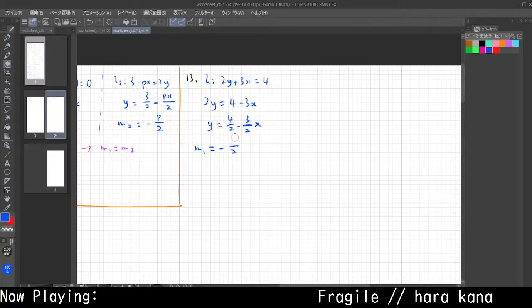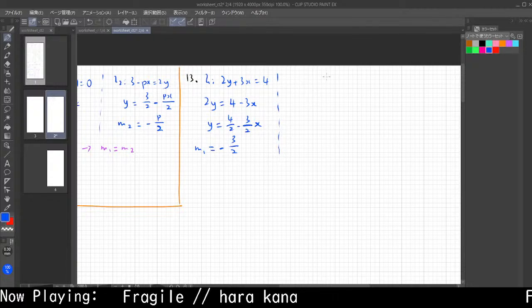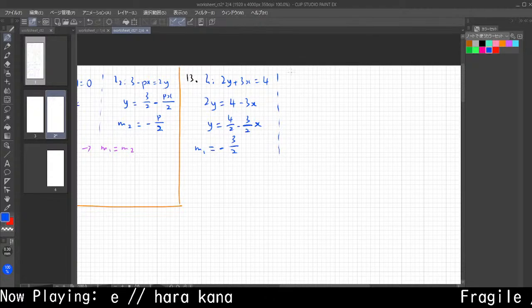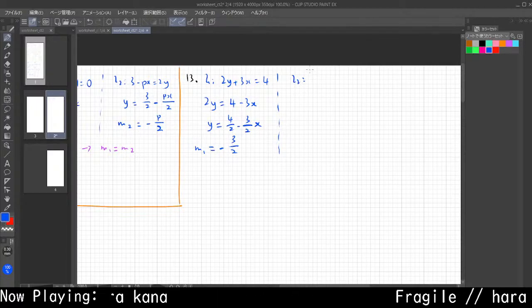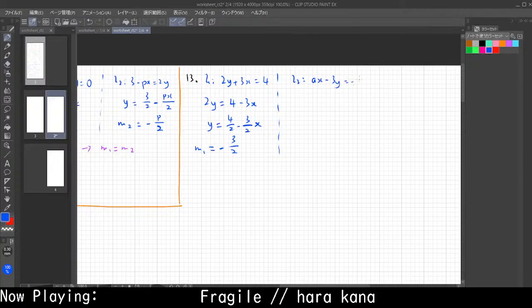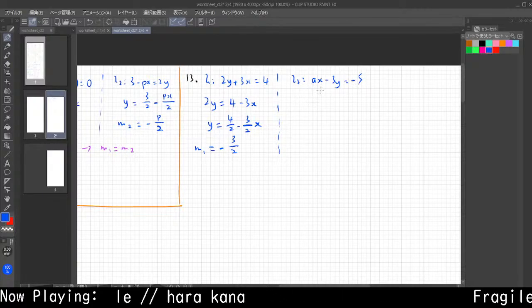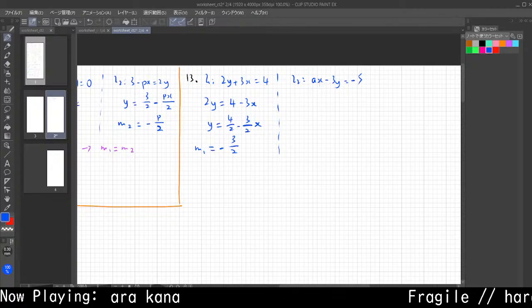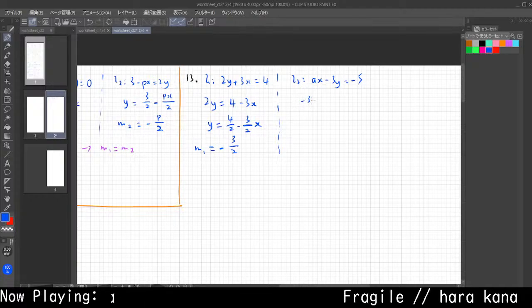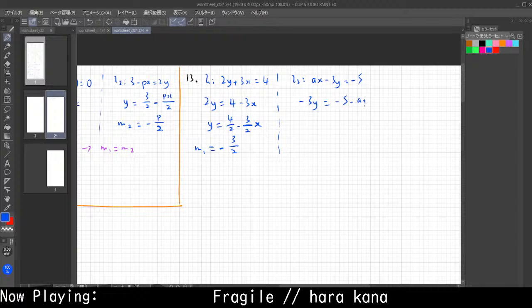Again, cover the x because it's mx plus c. So your m is always the number that is attached to your x because m times x. Okay. L2, same thing. In this case, it's ax minus 3y equals to -5. So my 3y and my ax I can bring over. Again, I'm going to turn it into y equals to mx plus c.